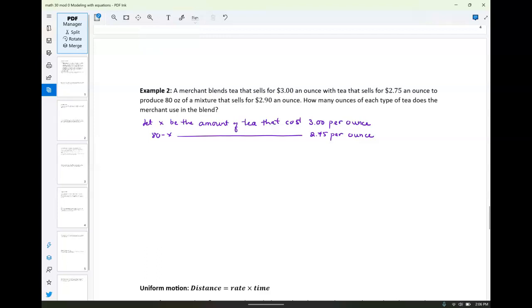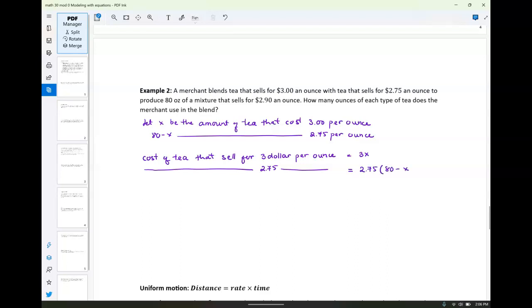The cost of tea that sells for $3 an ounce is equal to $3 times X. The cost of tea that sells for $2.75 per ounce is equal to 2.75 times 80 minus X. Together, it creates a mixture that will sell for $2.90 per ounce.